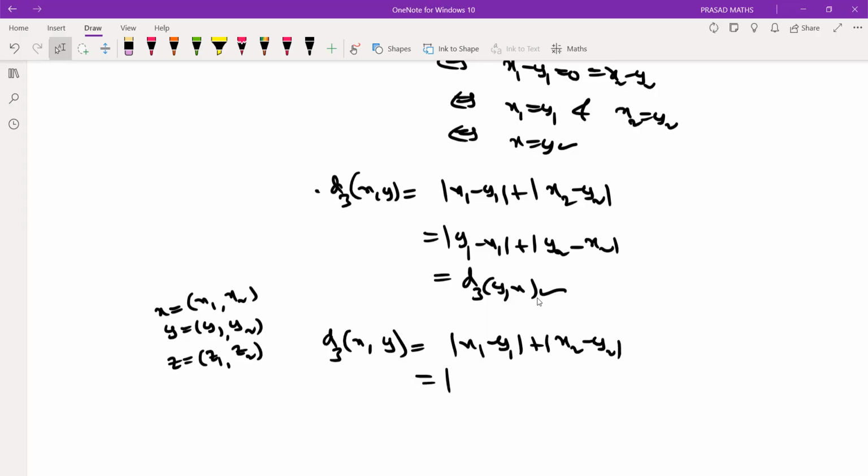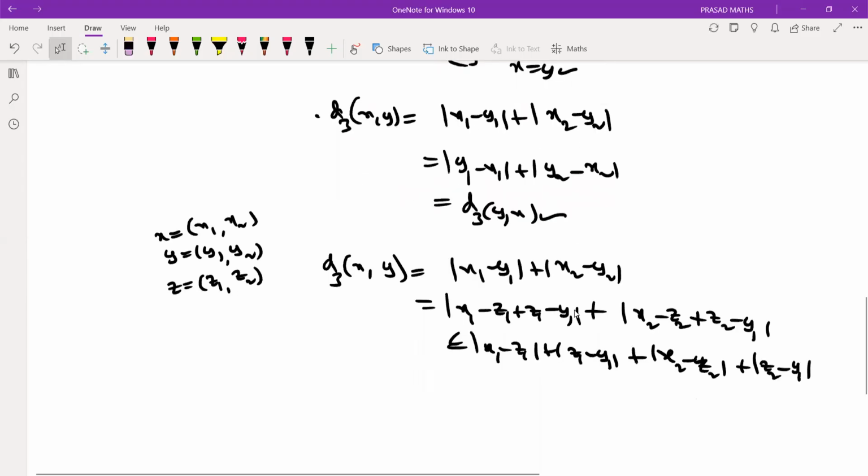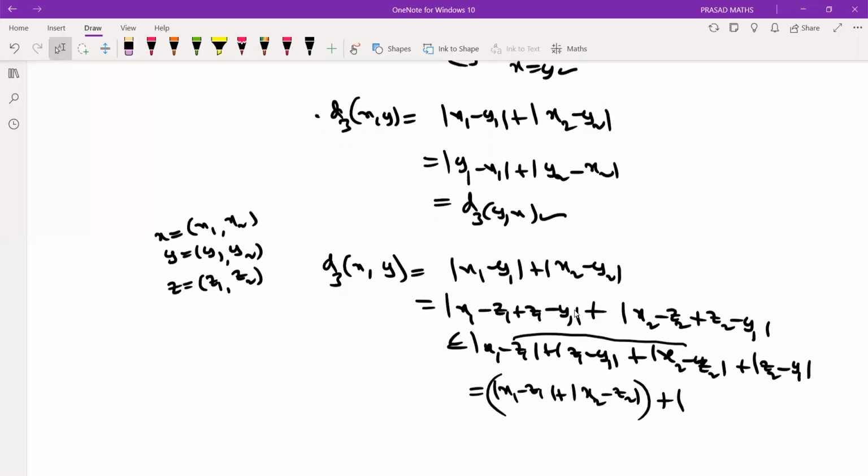Again using the technique of adding and subtracting, we use the modulus of a sum is less than or equal to the sum of the moduli, by the triangle inequality in real numbers. Just join this and this.